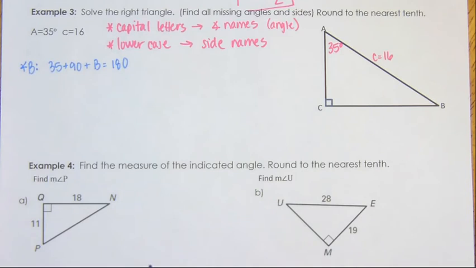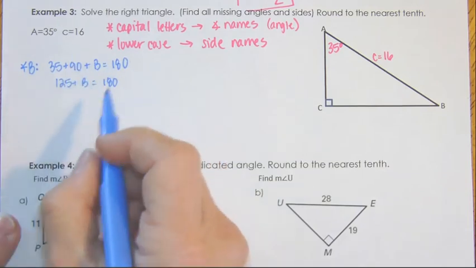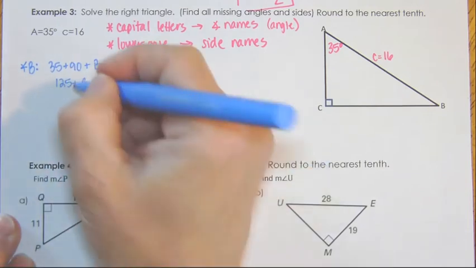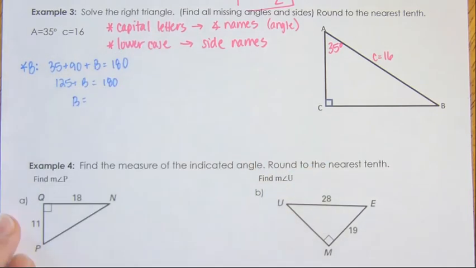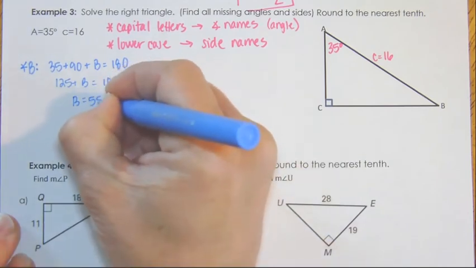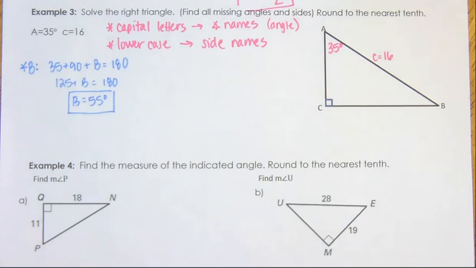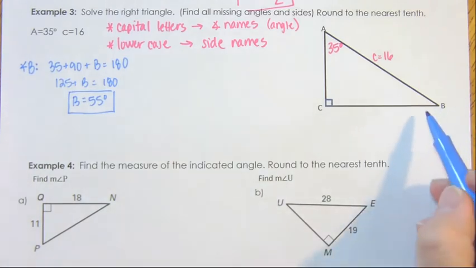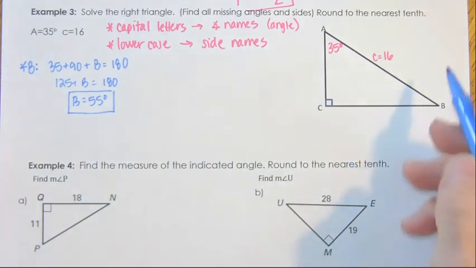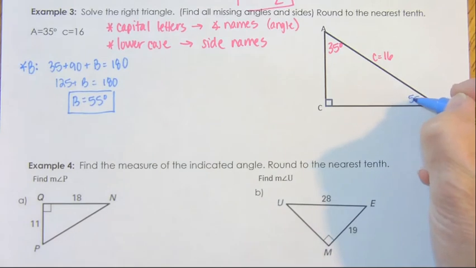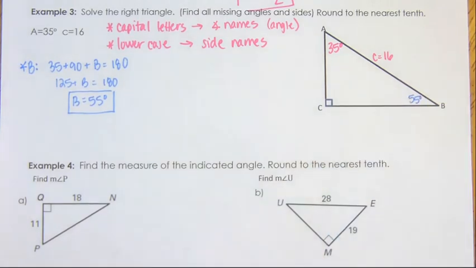Add up 35 and 90 to get 125. 125 plus B is 180. Subtract 125 from both sides. So angle B is equal to 55 degrees. So I got my first missing piece of information. This missing angle right here is 55 degrees. And again, you could probably do that without showing work.